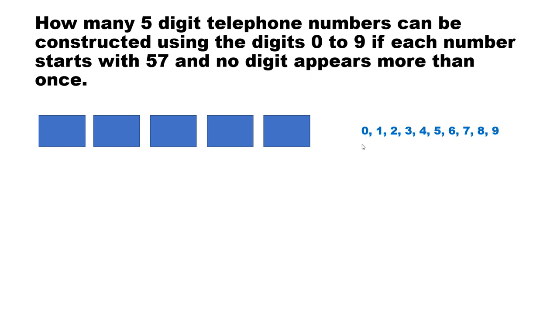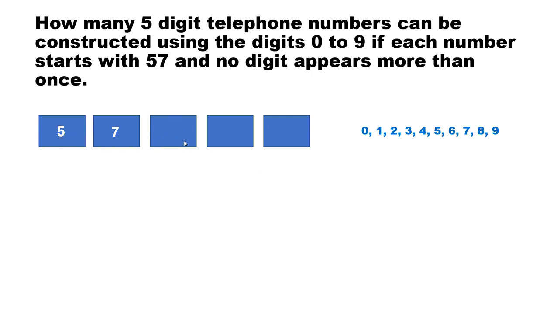And there is an additional condition. Each number starts with 57, which means this is 5 and this is 7, these two are fixed. We cannot change them, which is totally beyond our control, so we are now focused on only filling up these three.